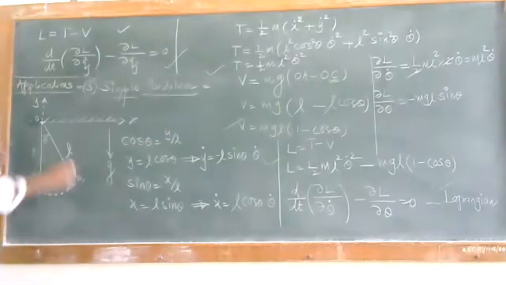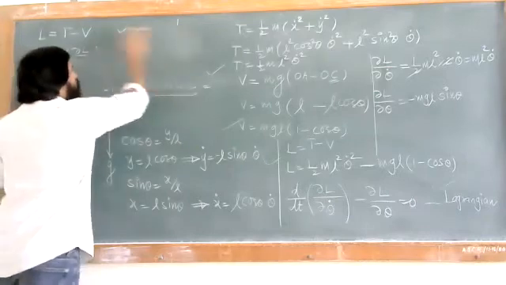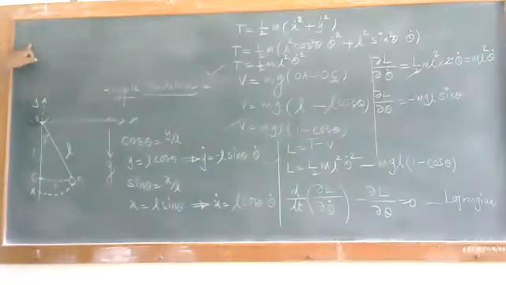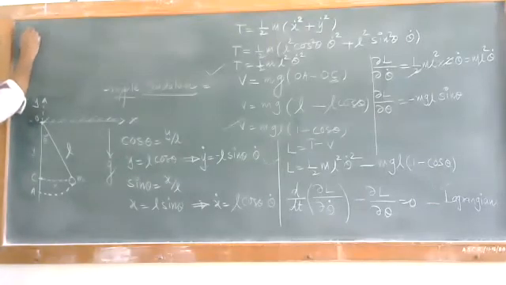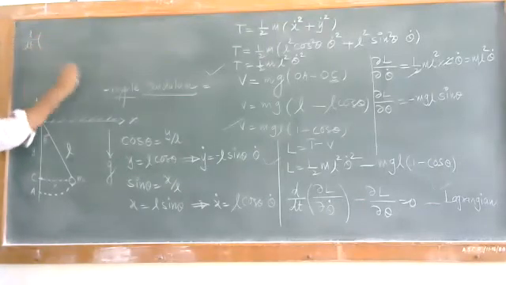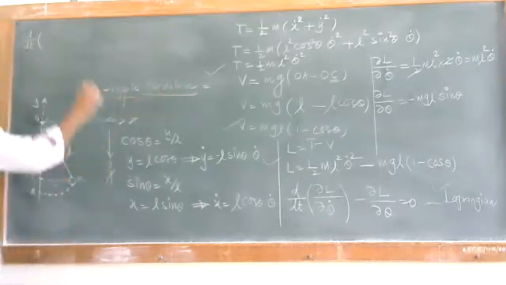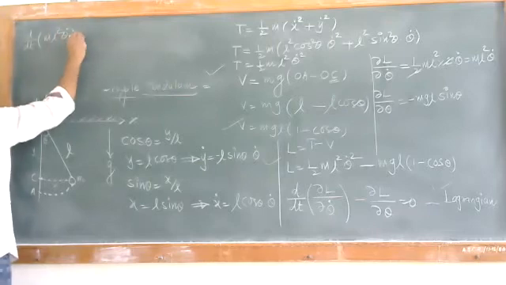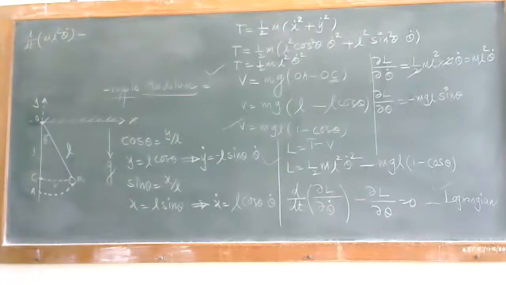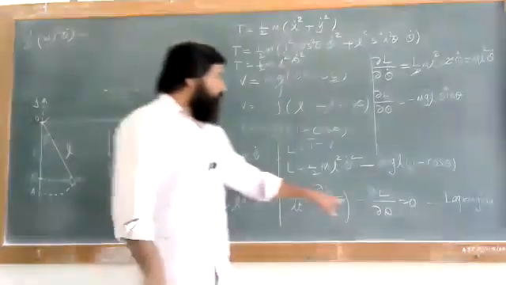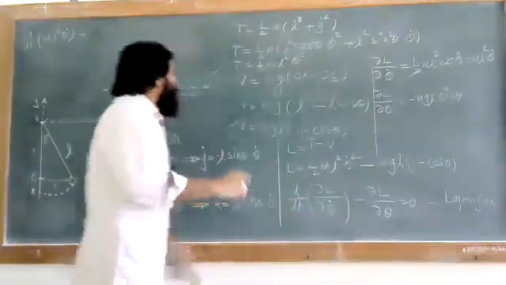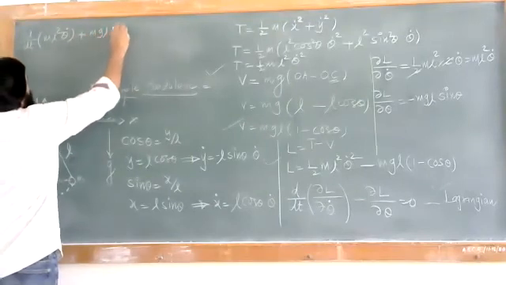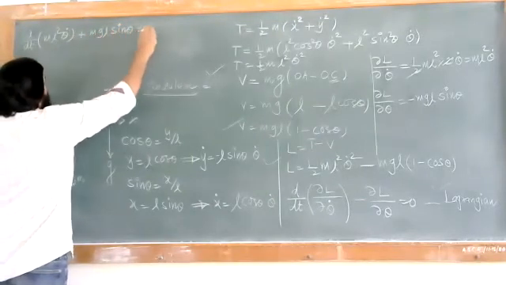Now what you have to do? You have to just put this value in your Lagrangian equation. So I'll write it here. That is d/dt of ∂L/∂theta dot, which is nothing but m L squared theta dot. Okay, this is minus. So this minus and this minus, that will become plus, and this is plus mgl into sin of theta, and that is equal to 0.